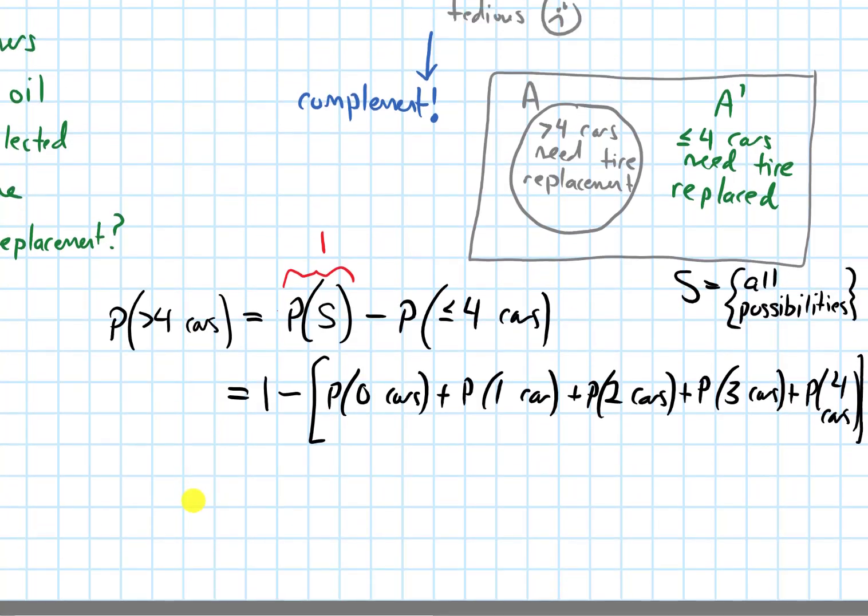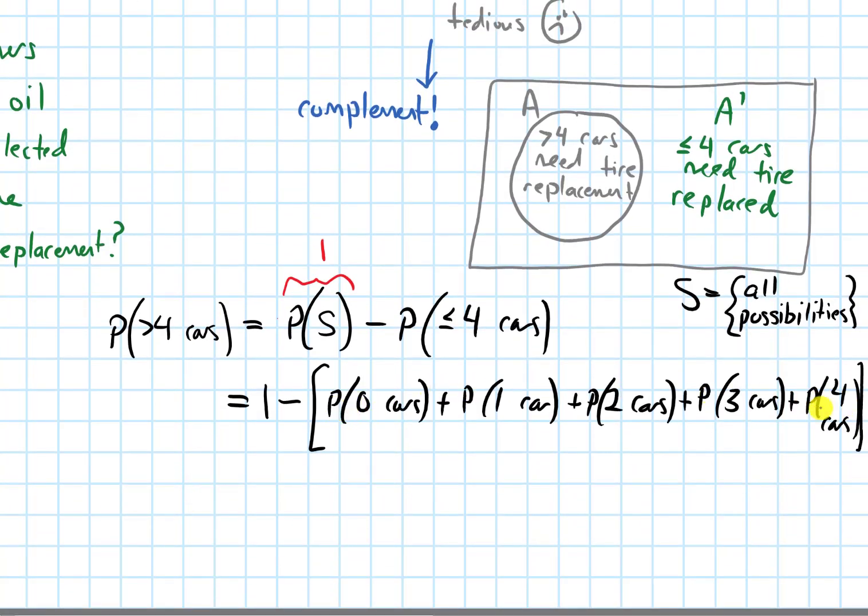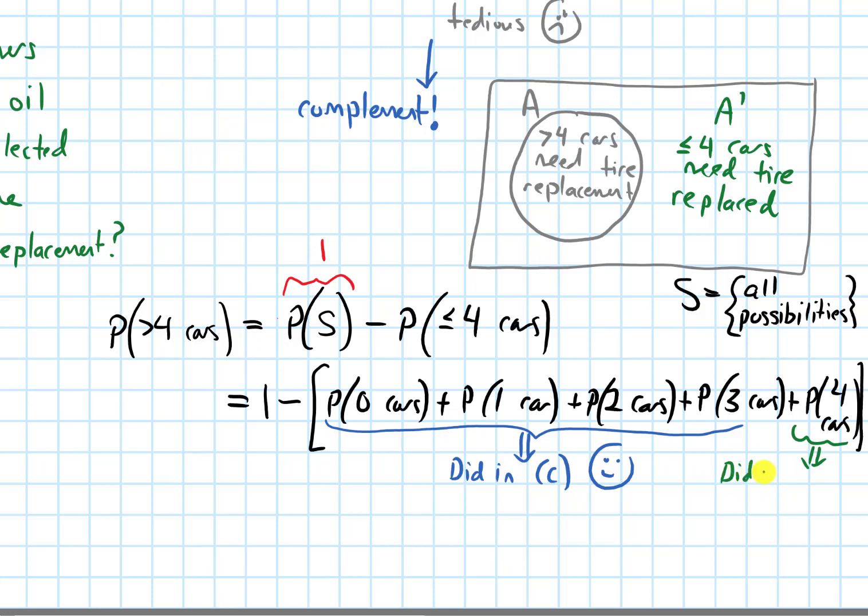Okay, and we've worked out the different portions of this bracket in the earlier parts of this question. So 0 cars up until 3 cars, we did this in C. So we're happy about that. And then for the probability of 4 cars, well, we did that in B. So we're happy about that.